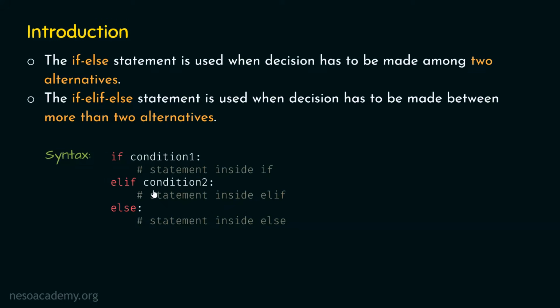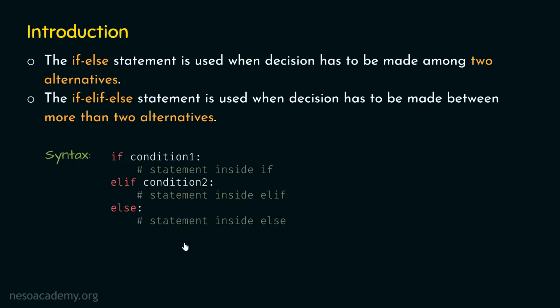Else if condition 2 is satisfied, then the statement inside else if, or we can say the statement inside elif, will be executed. Else, if neither of these conditions is satisfied, then the statement inside else will be executed. So here we have three alternatives and the decision has to be made among these alternatives, so we can use the if-elif-else structure.